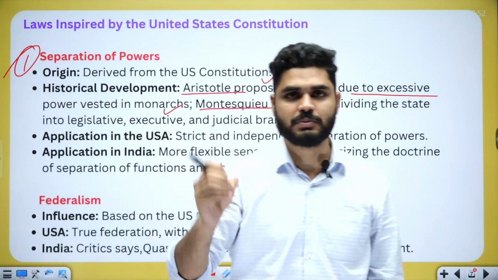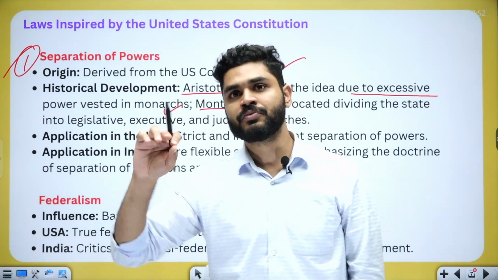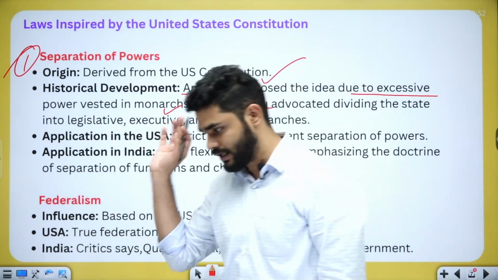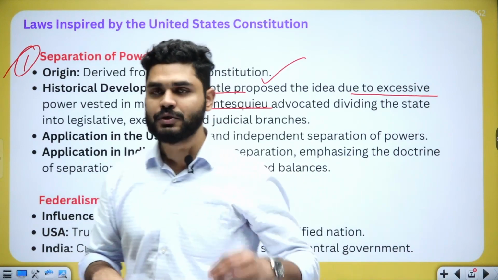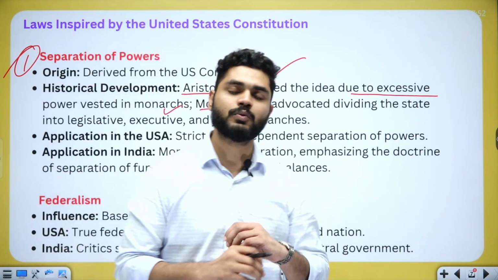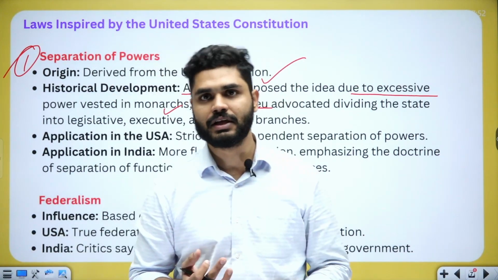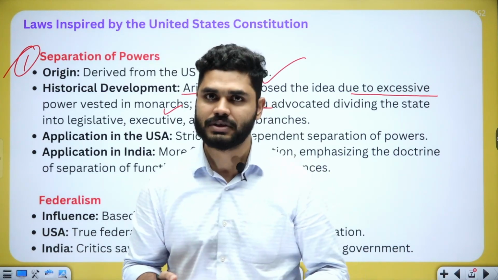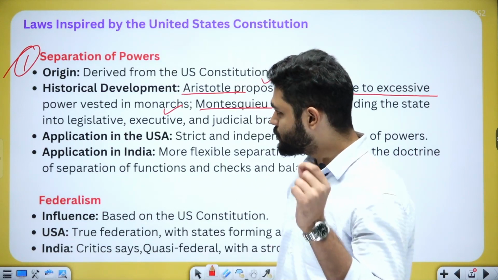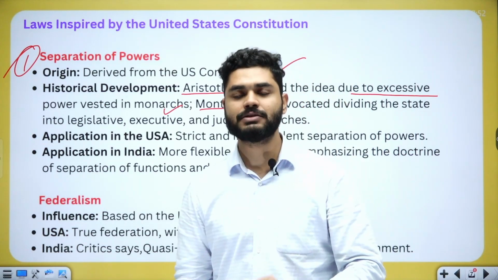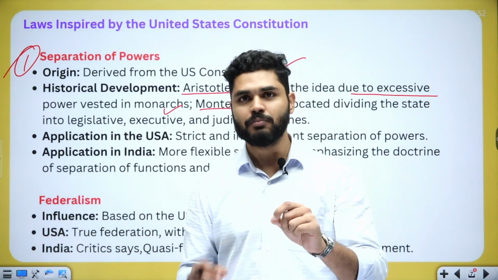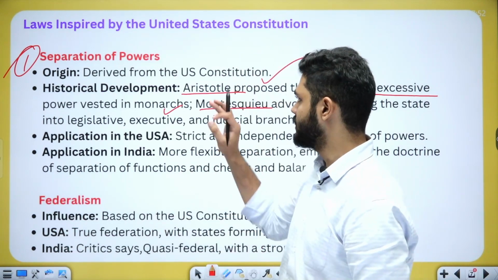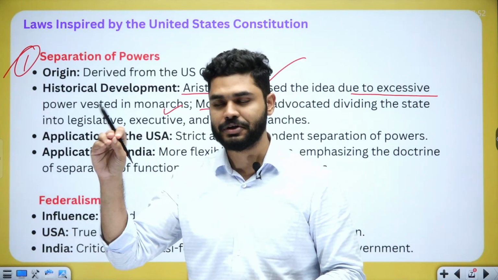In his contemporary time, the king was all supreme, the king had everything in hand, and it was upon him what to decide, what not to decide. So to make the society more balanced, more inclusive, this idea of separation of power was proposed by Aristotle.